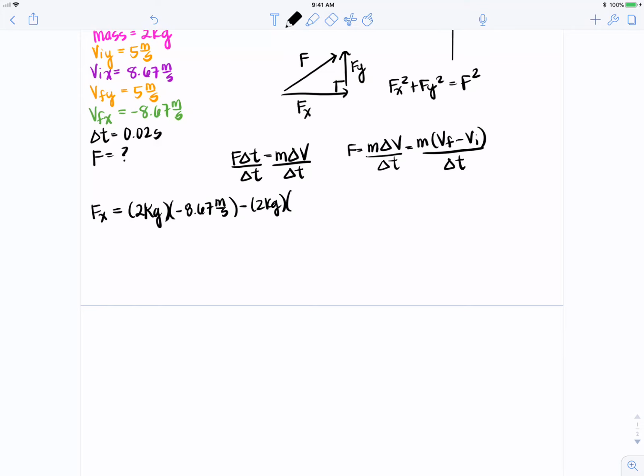And VIX is positive 8.67 meters per second. So we get 2 kilograms times a negative 8.67 minus 2 kilograms times a positive 8.67, all over delta t.